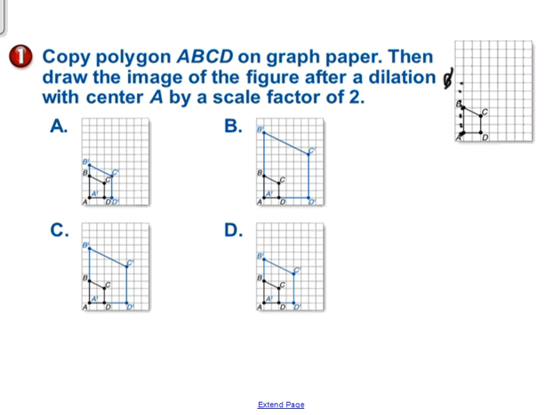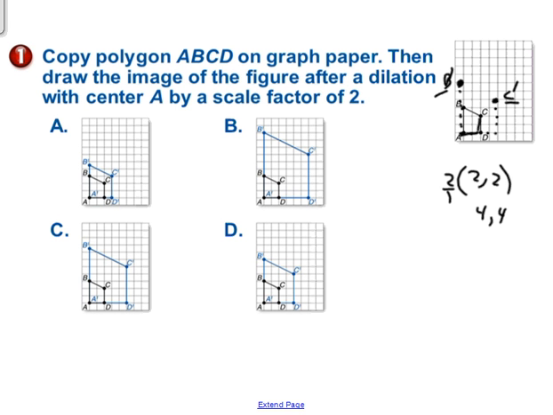C is over 1 unit, 2 units, and up 2, so it's 2, 2. If I have a scale factor of 2 over 1, I take each of those times 2 over 1, which would give me a point of 4, 4. So it's 1, 2, 3, 4, 1, 2, 3, 4. So it's right here. So I have the points labeled B prime and C prime.